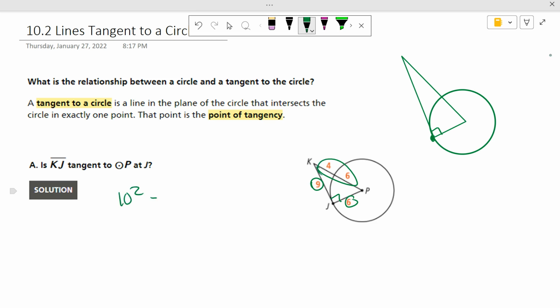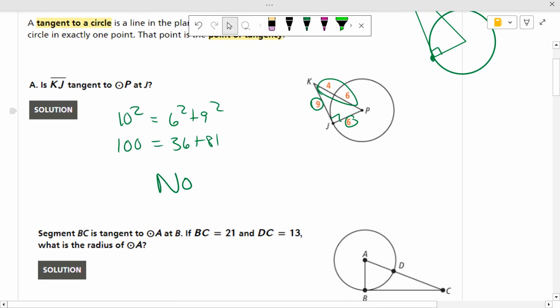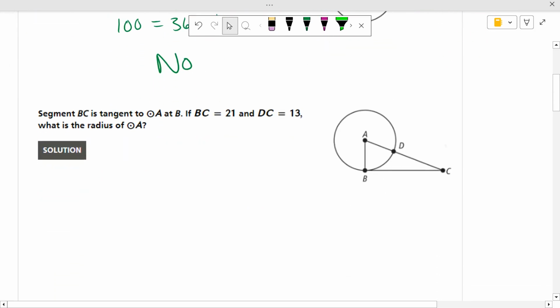Is 10 squared equal to 6 squared plus 9 squared? Is 100 equal to 36 plus 81? And the answer is no, it is not. So KJ is not tangent to the circle, because it doesn't form a right angle.